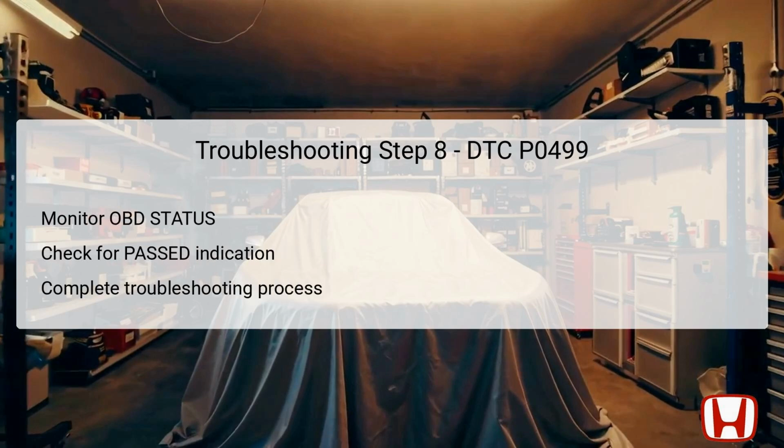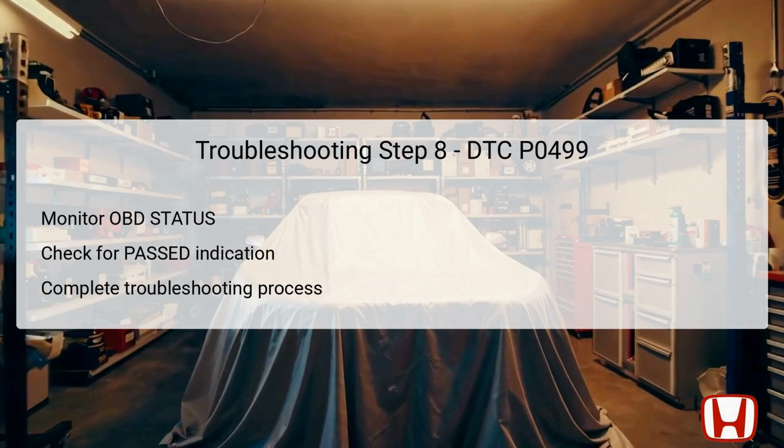In the final troubleshooting step, you will monitor the OBD (onboard diagnostic) status for DTC P0499 within the DTCs menu using the HDS. This monitoring phase is critical. If the HDS indicates passed, it signifies that the error has been resolved. If the ECM or PCM was previously updated and the test is successful, you can conclude the troubleshooting process.